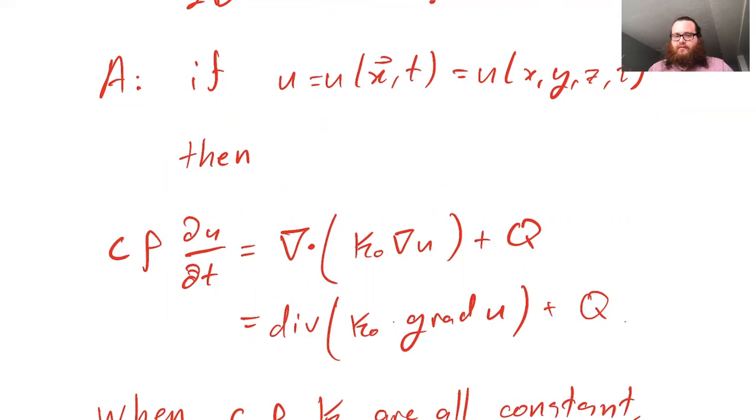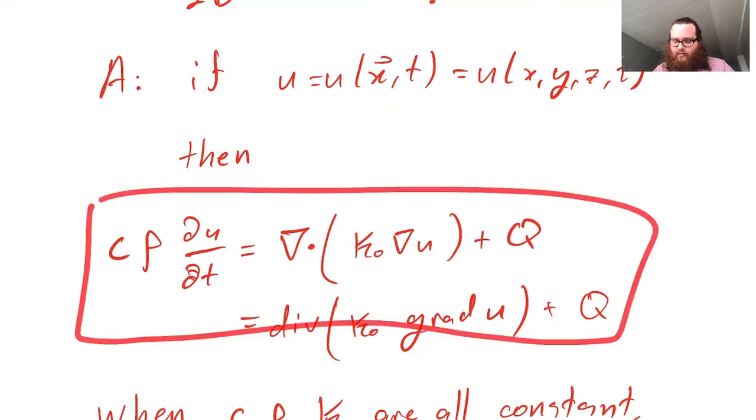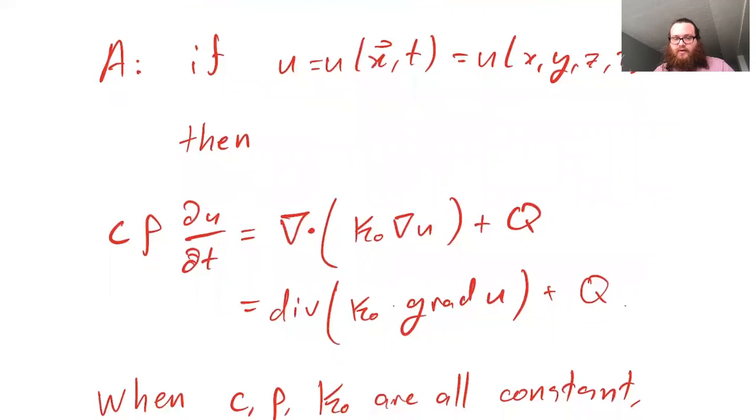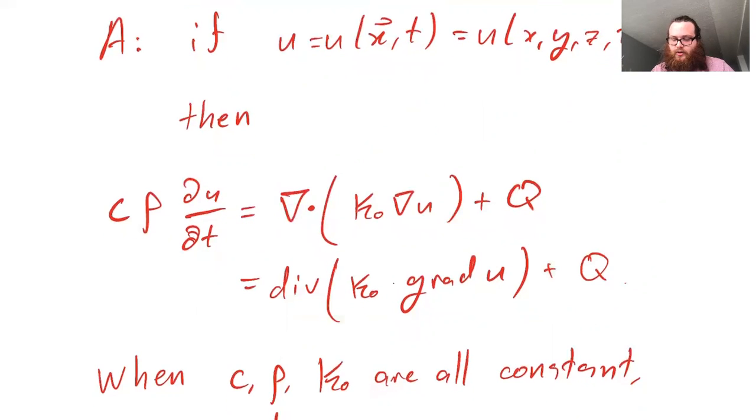There's another video that reviews some of these tools and techniques from multivariable calc. But this is our end goal right here. In a sense, this piece right here plays the role of an x derivative, and this piece plays the role of that other x derivative. Otherwise, all the pieces are still more or less the same.